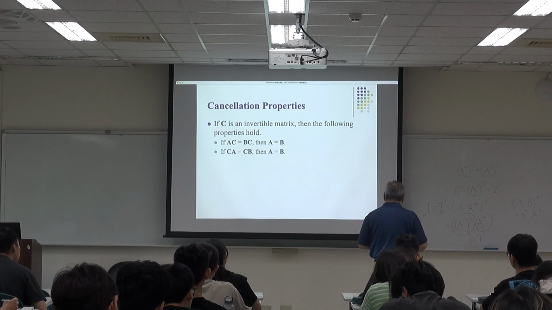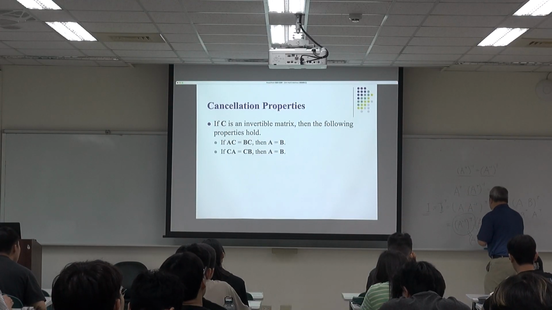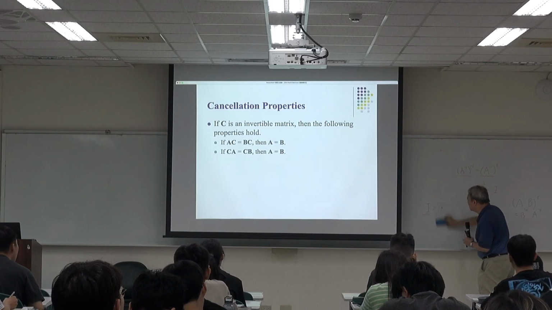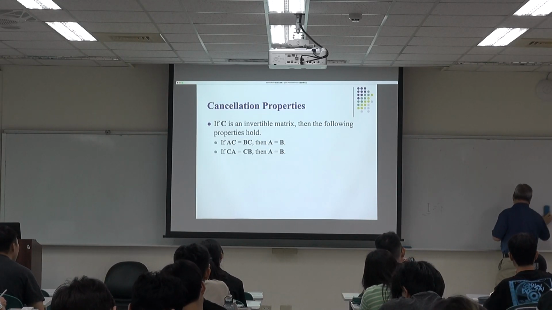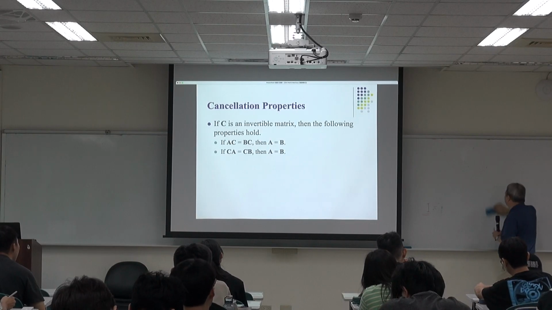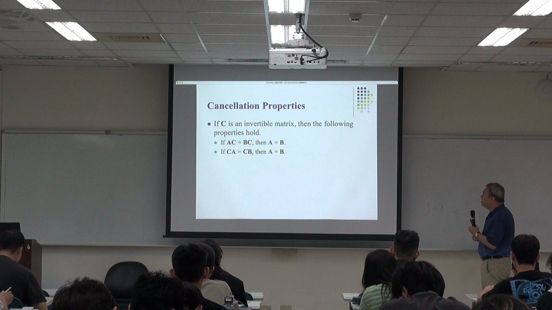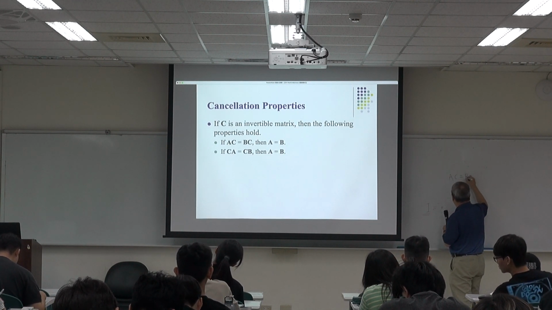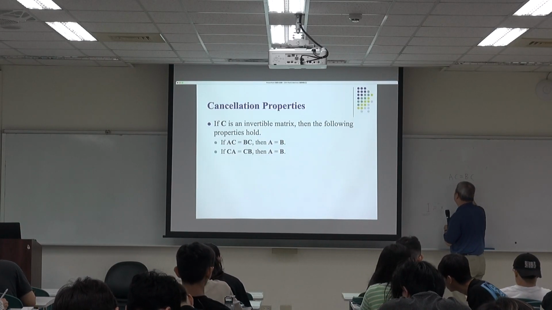Because if C is an invertible matrix, that means its inverse exists, right? So say C inverse. If AC equals BC, then you multiply both sides by C inverse.